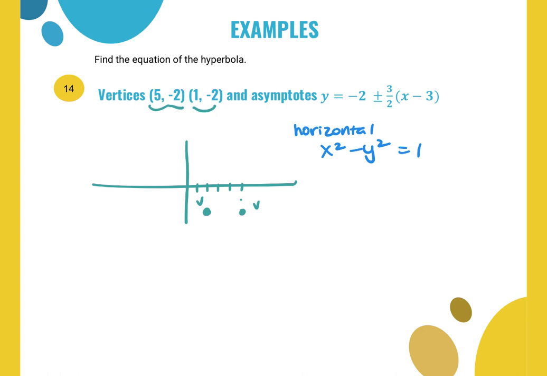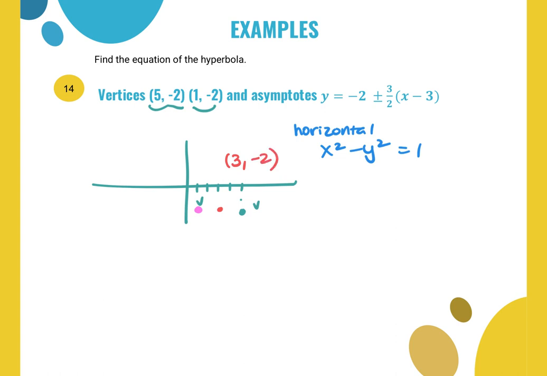If you've got a graph, you can count it out halfway between 1 and 5. Sorry, this would be 1 and 5 on the x-axis with y of -2. Halfway between those, there are 4 spaces between, so halfway would be 3, -2, which I can see from my graph.